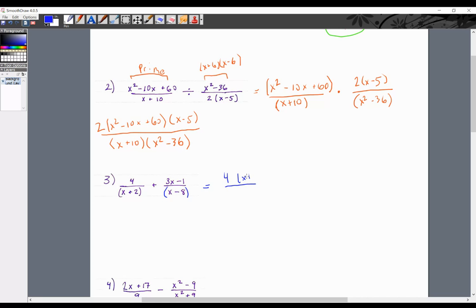So I'm going to multiply by x plus 8 over x plus 8 in the first term. And the second term, I need to multiply by x plus 2 on both the top and bottom.